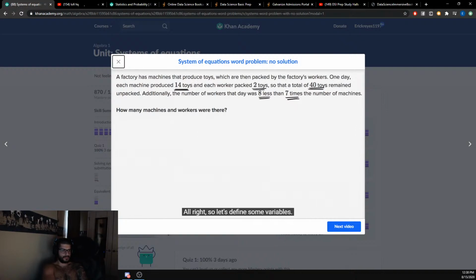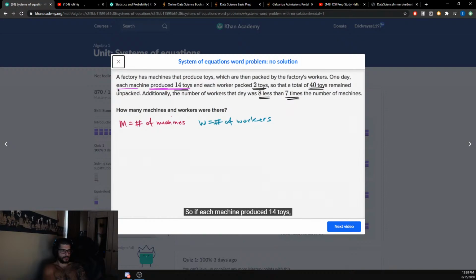All right, so let's define some variables. Let's say m is equal to the number of machines, and w is equal to the number of workers. So what does the first sentence tell us? One day each machine produced 14 toys.